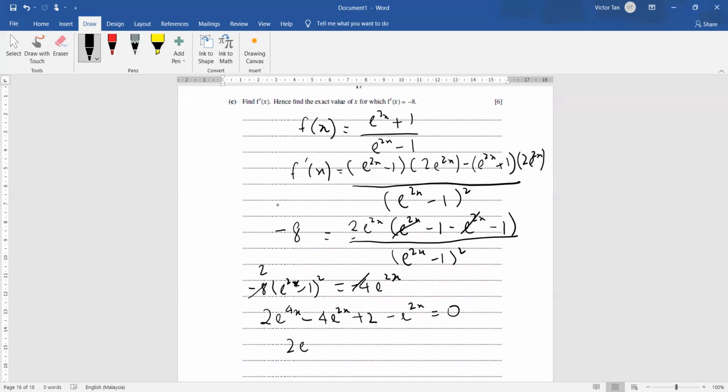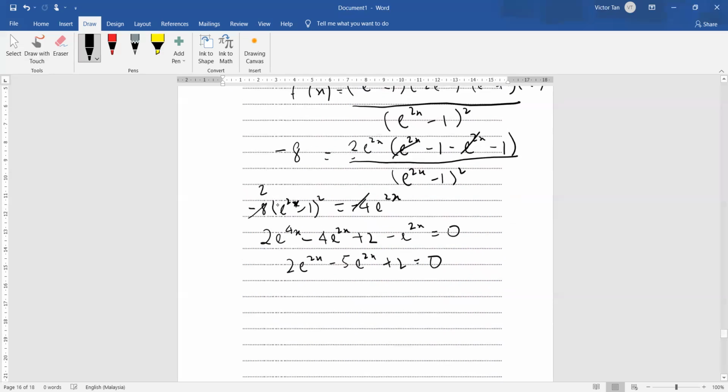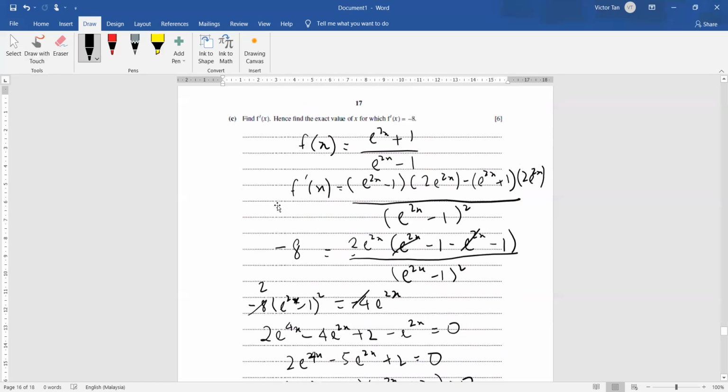So you have 2e^4x minus 5e^2x plus 2 equals 0. Factorizing, this is (2e^2x minus 1)(e^2x minus 2). Okay.